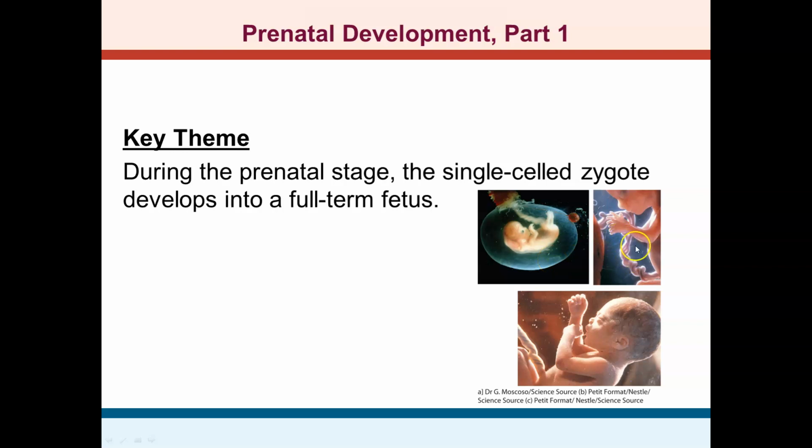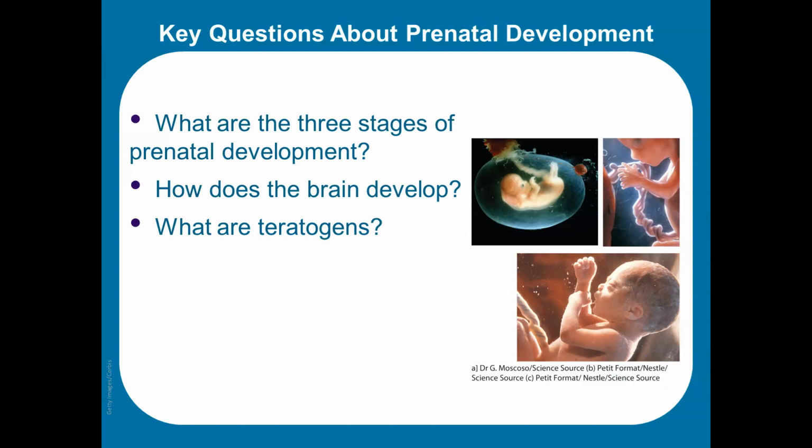The fetus starts to develop more and then more into a fully formed human being, so to speak. When we're talking about prenatal development, we want to understand what are the three stages of prenatal development, looking at each of these images a little more in depth.